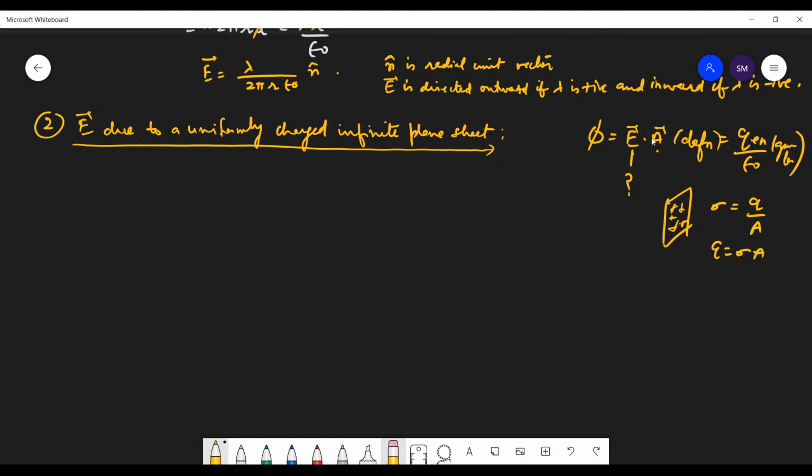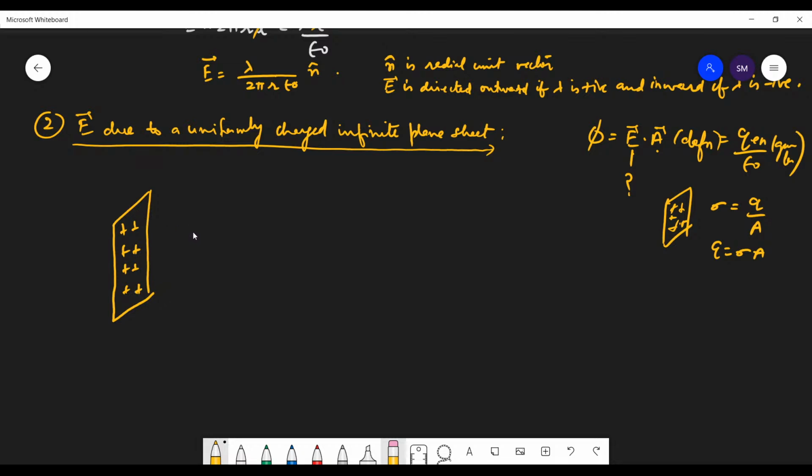We know the value of Q, so just A, the area, we have to write, and simply equate and get the answer. So let us do this. Let us find the field due to a uniformly charged infinite plane sheet. So this is the infinitely charged plane sheet.